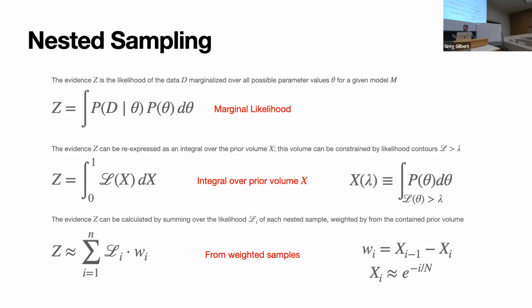Right? And so once you have the evidence, then we can generate posterior samples as a byproduct, because we know the likelihood, and we can calculate the weight proportional to the prior volume that is contained within that iso likelihood contour. Right?